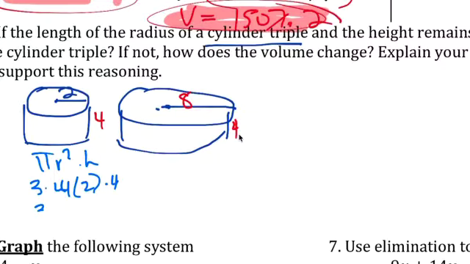So the volume for this one is 3.14 times 2 squared, which is 4, times 4. You get volume is 50.24 centimeters cubed.